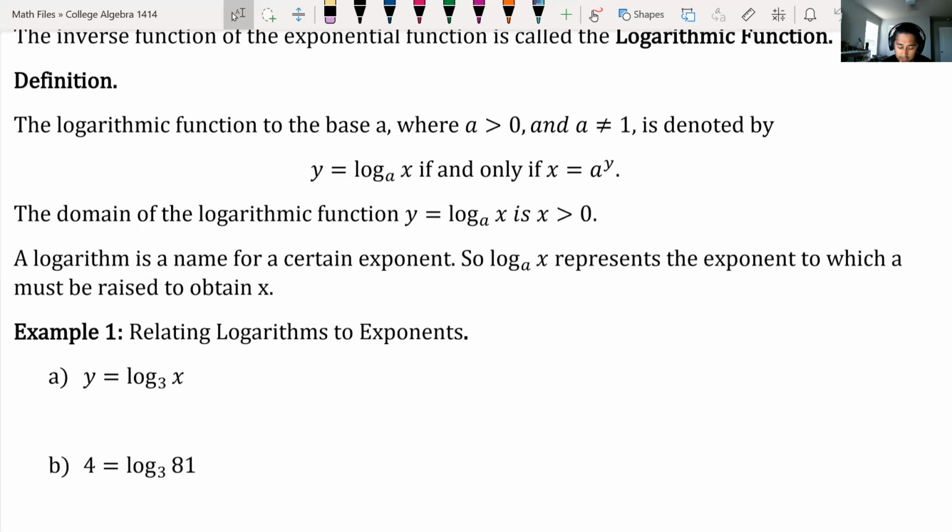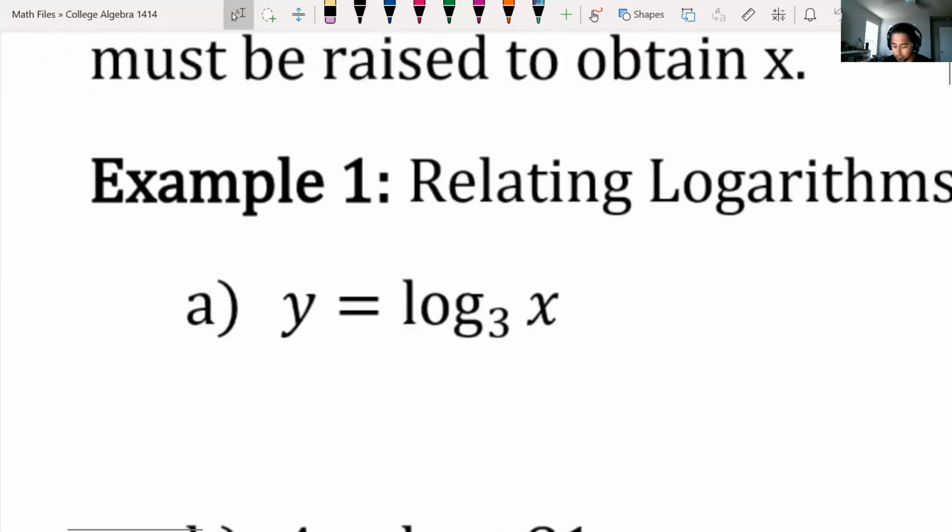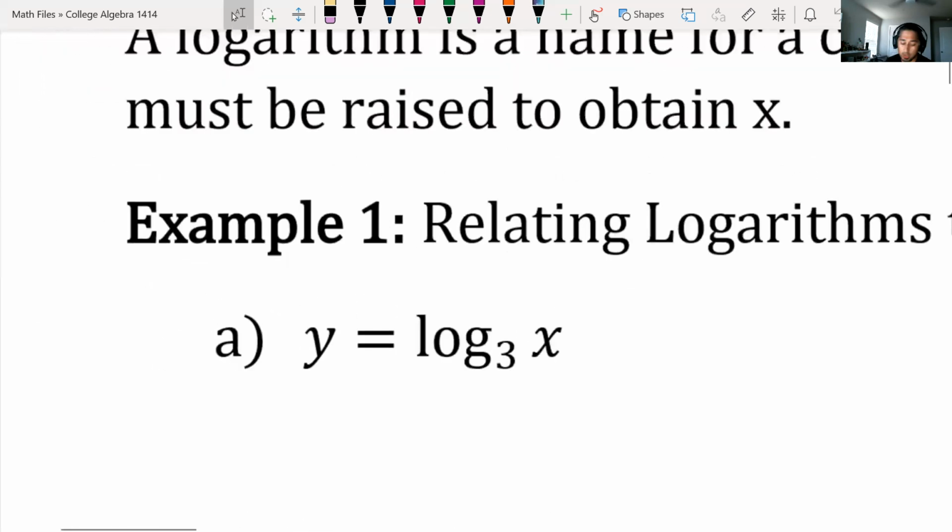Okay. So now for the next example, we are going to convert our logs into exponential functions. We'll start with a. Y equals log base 3 of x. The base of the log will become the base of the exponential function. So the base of 3 is going to be raised to the power of y.